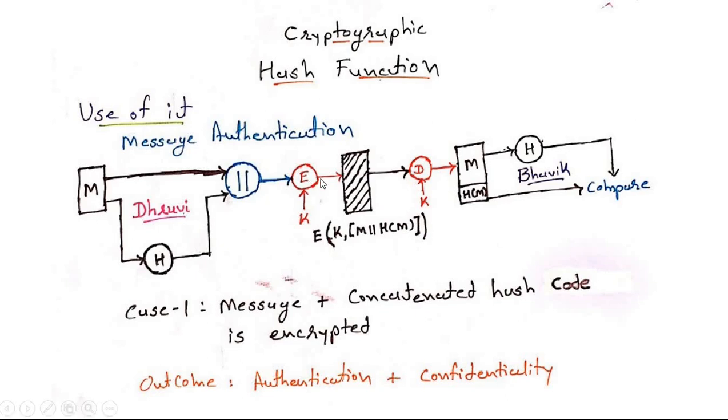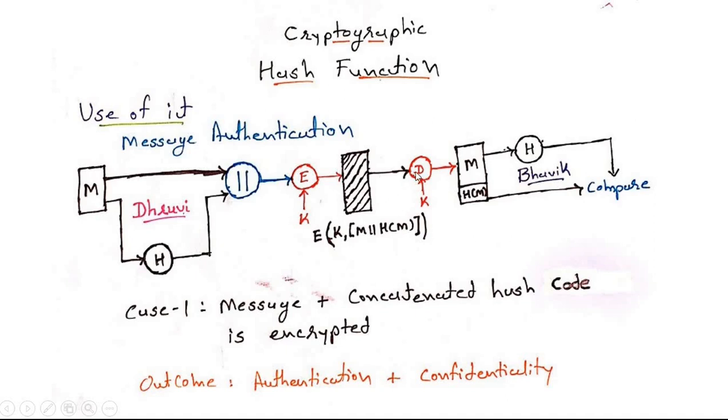Just keep in mind that we are going to encrypt this appended message, which carries the original message plus the hash function output. So now we have one encrypted message, carrying the actual message plus the hash output. This entire thing we will transmit toward the destination party, Bhavik.